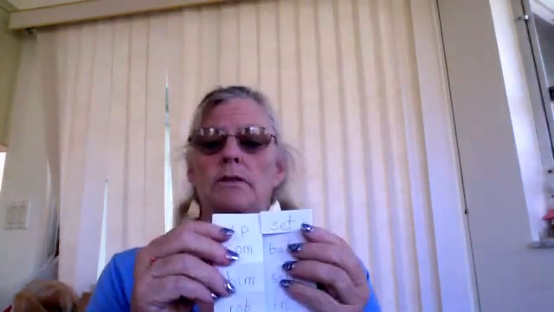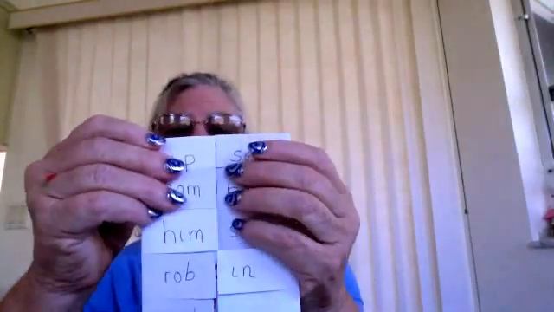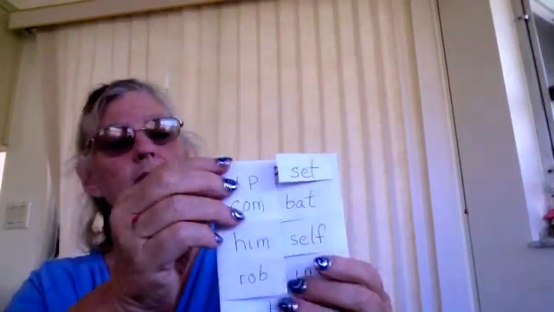One of the things that they were talking about at my grandson's school was putting together two or more closed syllables to make words. And so I made up this little game, which you can make. I took a piece of paper, and I took some of the words actually that he was working with and put them on the pieces.